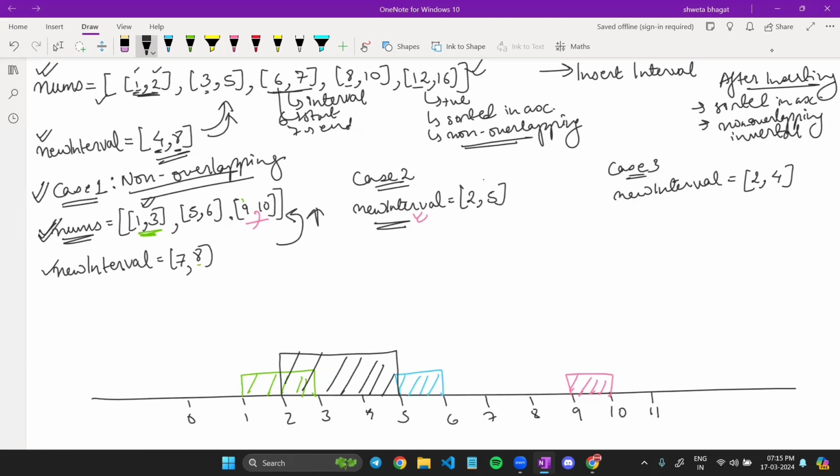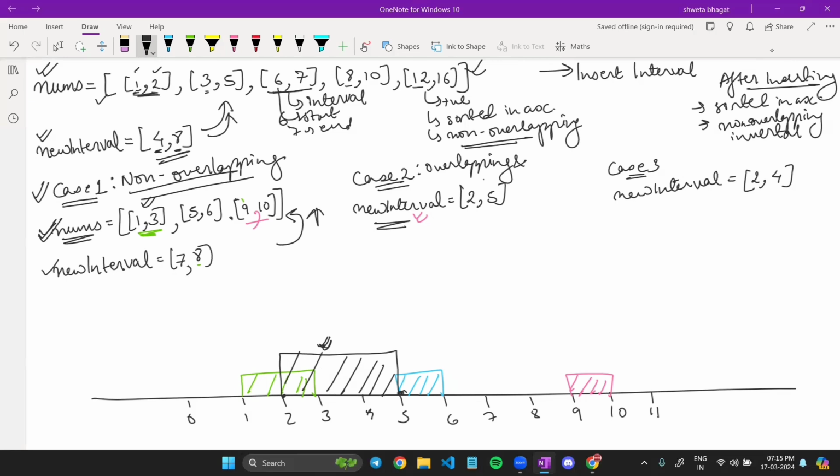So what we are noticing over here is that we have two intervals, correct? The first one is 1 to 3 and the next one is this 2 to 5. So you can clearly see that they are overlapping, right? So what would be our second case? Our second case would be overlapping and what we can see is that the new interval, 2 to 5, is overlapping with an existing interval that is 1 to 3.